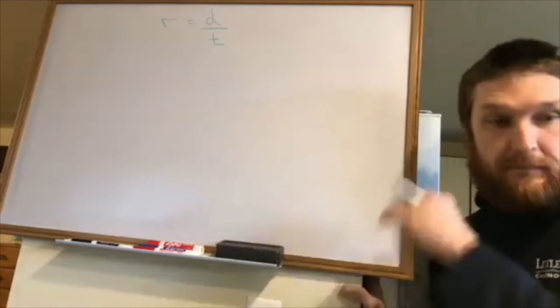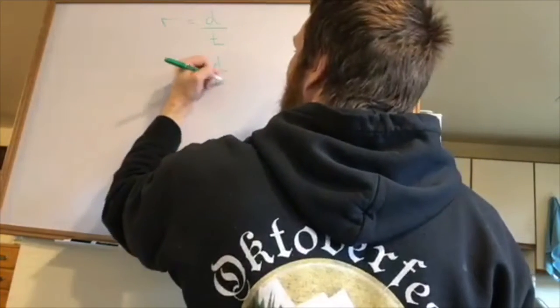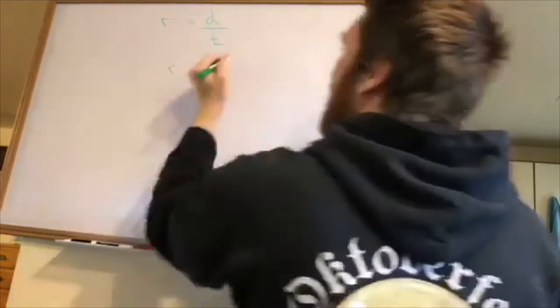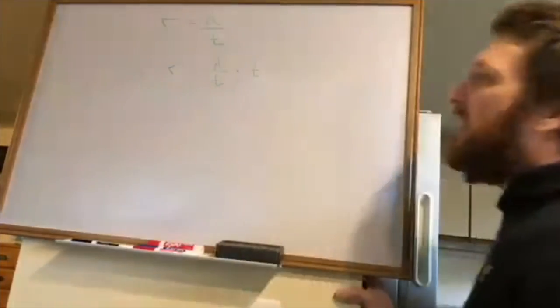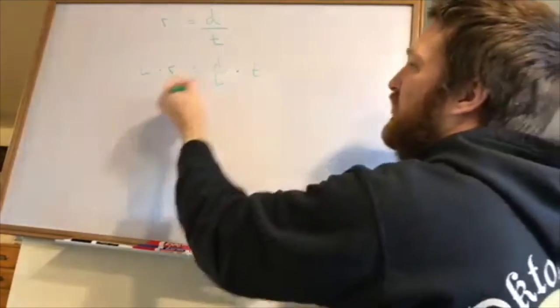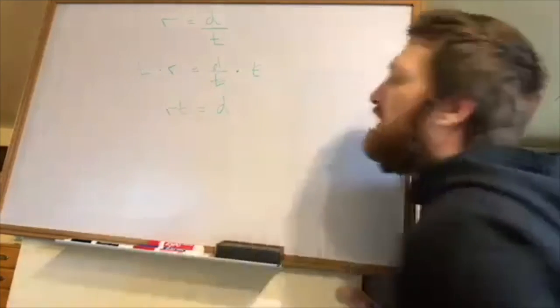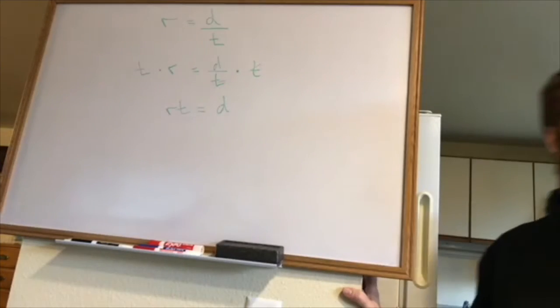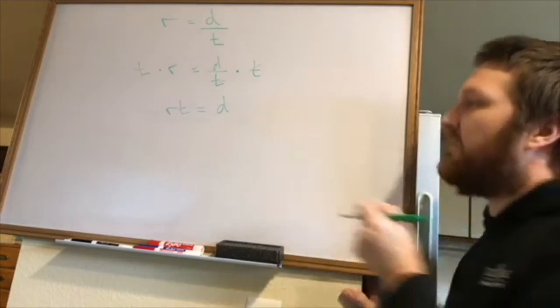Multiply both sides by t. Okay, so I multiply both sides by t. I multiply this side by t and I multiply this side by t. And now that's gone. And I'm left with d = r t. Now what do I do to get t by itself? Divide by r. Divide by r, okay.